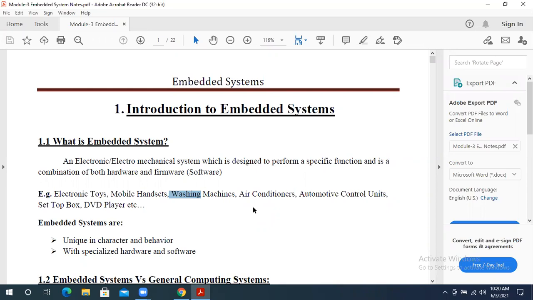Those also come from embedded systems because they have a mechanical part, an electrical part, and a specific job. Suppose you take a toy which always smiles, it only smiles. It doesn't do other activities. That is called an embedded system here. Is that clear?